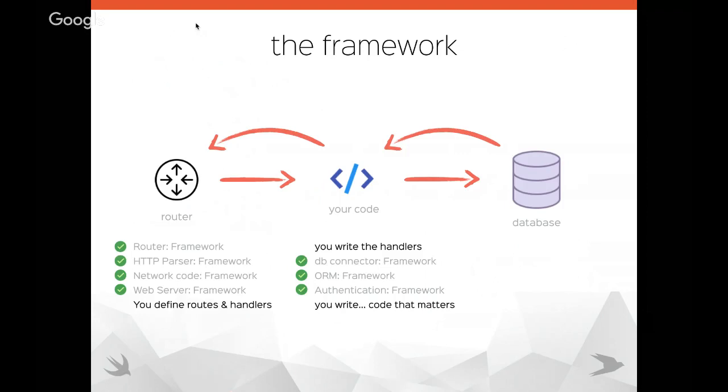That means that we write that stuff and you guys can leverage it. You're writing the routes and the handlers. As you can see on the slide, you're writing the code that matters. You don't have to continue to repeat these common tasks that are almost always going to be used in various different ways in a framework.